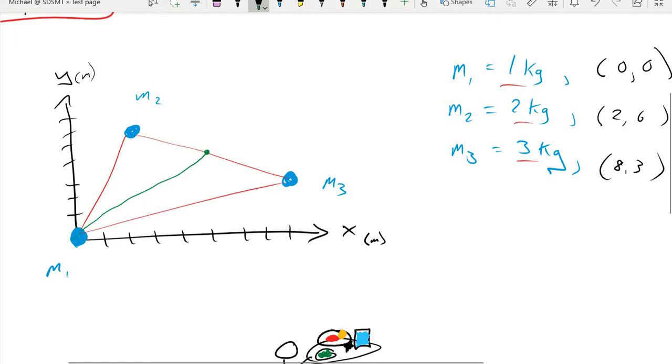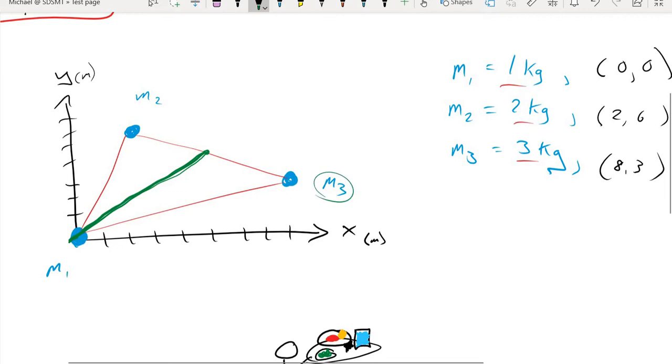The reason we've bisected this triangle is because, in effect, we end up bisecting mass 1. So mass 1 contributes equal amounts of its mass to either side of the triangle, but which side now has more mass on it? Is it the side with mass 2 or the side with mass 3? And it's the side with mass 3.